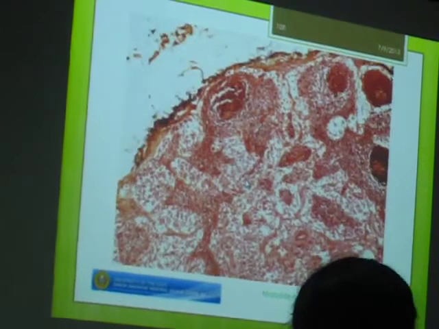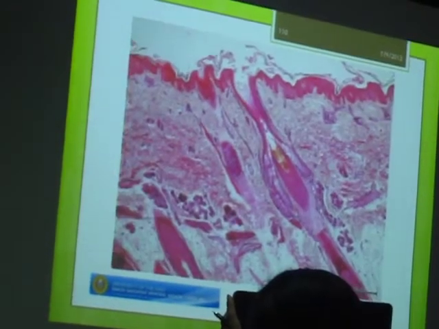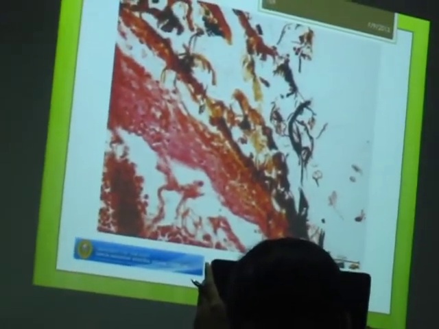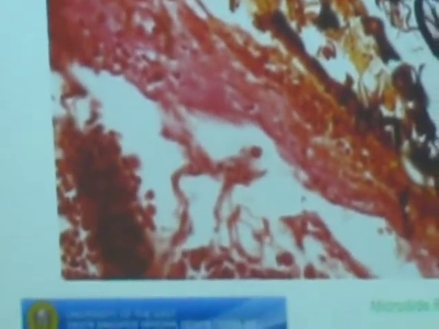This is a lymph node stained with silver, and this just shows you, identify these structures, the dark lines. What are these dark hair-like branching structures?